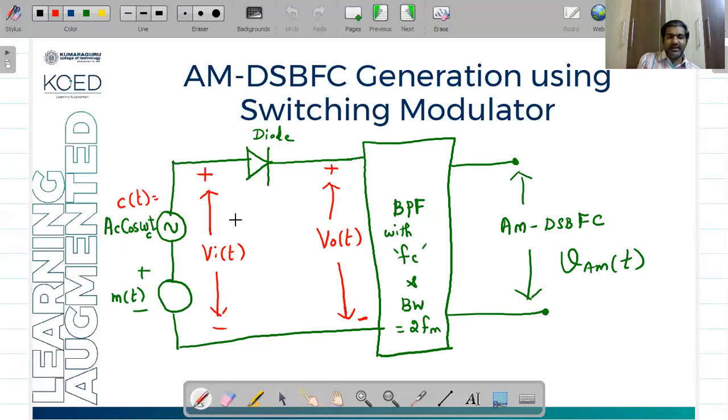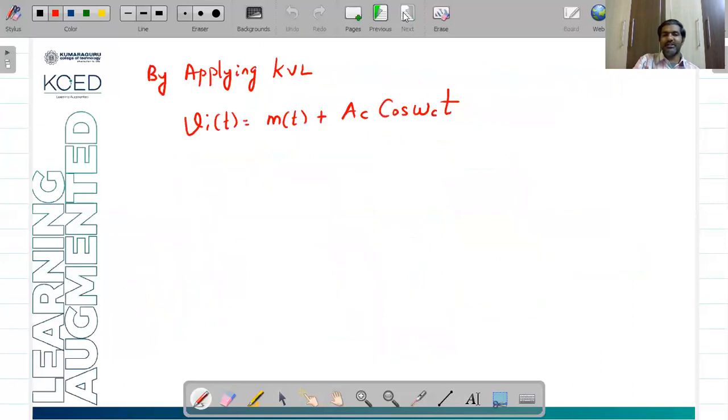And the diode: when a diode is forward biased, it acts as a short circuit, and when the diode is reverse biased, it acts as an open circuit. This is for an ideal diode. That is called the switching characteristics.